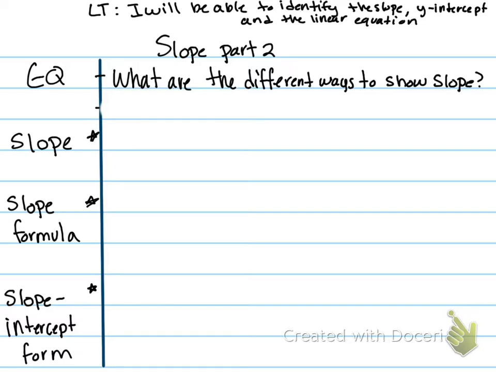So slope, we know from yesterday, is represented with an m, and we know it as rise over run, right? But there's a different way to write it. We can also write it like this: a triangle with a y over a triangle with an x. And that triangle means the change of.